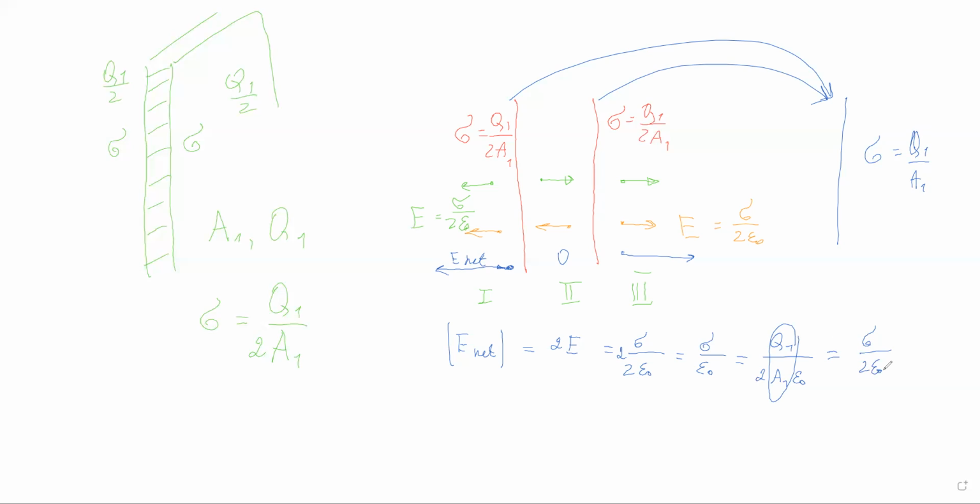So the net electric field nearby a conducting sheet is going to be the same as nearby a charged plane. If the plane is charged with a certain density, there is no difference whether you have this conductor inside or nothing inside. And that's the idea of the first page.